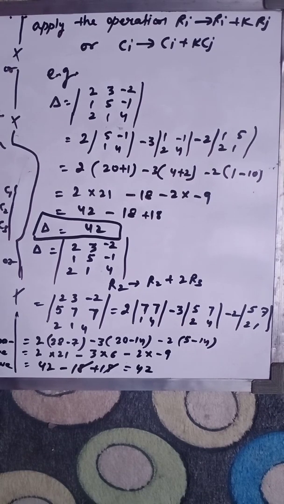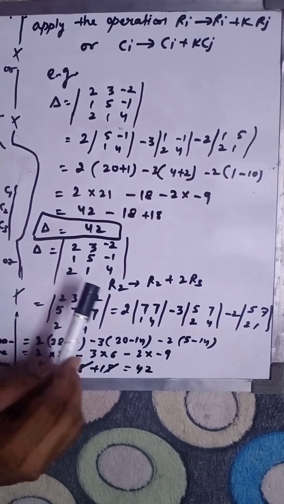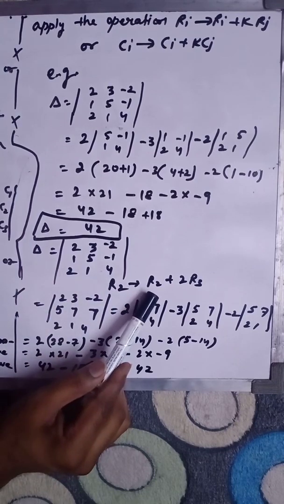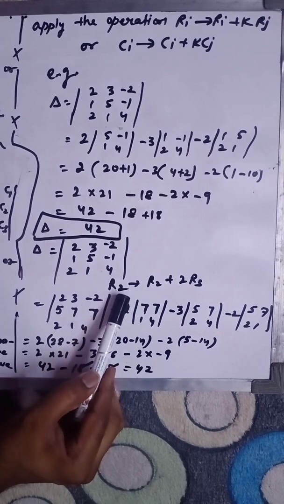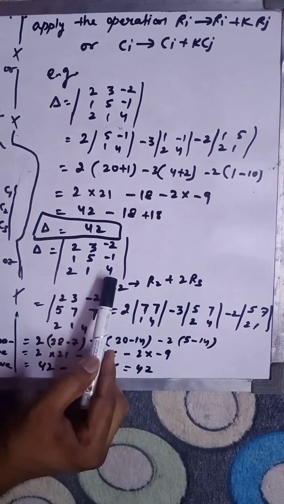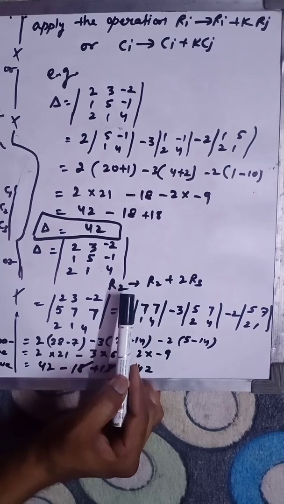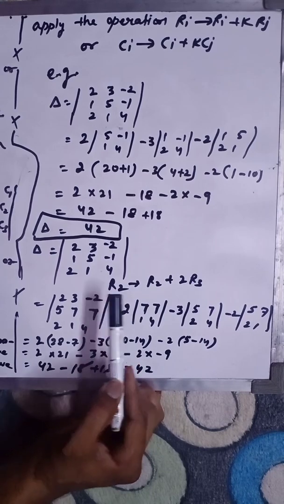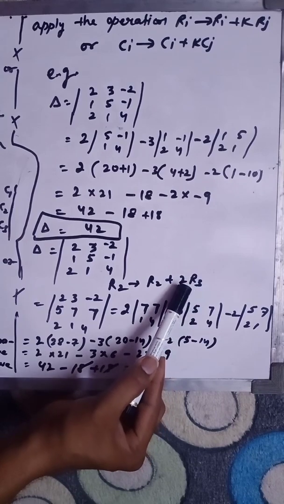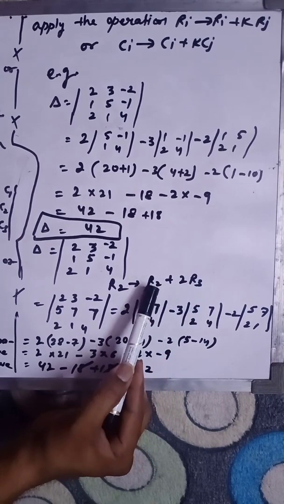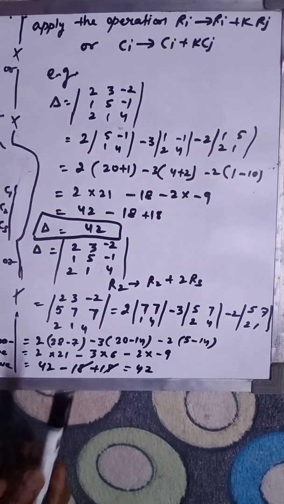Fine. Now the same determinant here I'm again writing, and I'm applying this operation. So what I'm doing, I'm changing row R2. I'm multiplying row R3 and then adding it to row R2. So this kind of operation we can apply in determinants. So we are multiplying any row or any column by any number, and we can add or subtract it in any row. Got it?